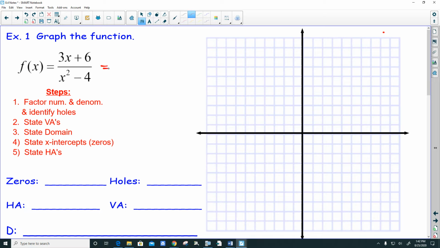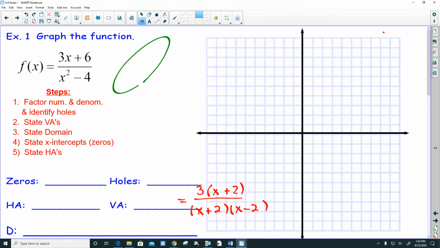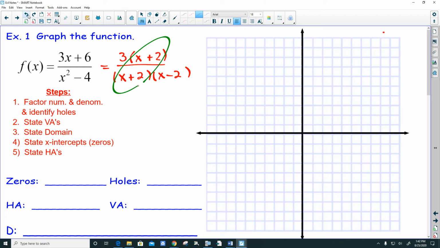So we're going to start by factoring the numerator, factoring the denominator, and then we want to, right off the bat, identify any holes that we might think exist on this graph. You want to identify those by circling that common factor in your numerator and denominator. Then we'll set that factor equal to 0, x equals -2.